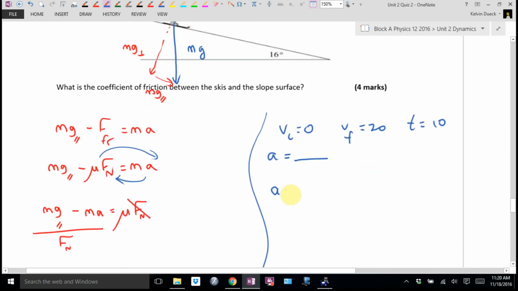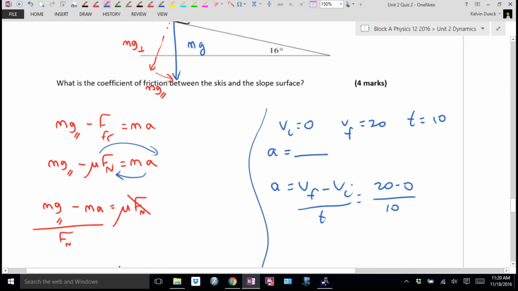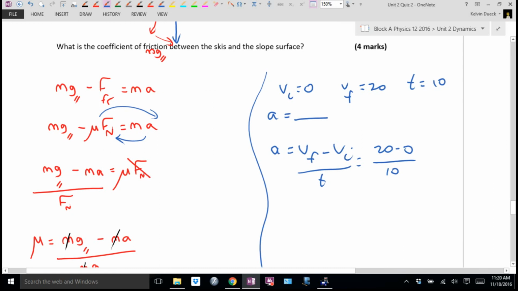I can go A equals VF minus VI over T. It's going to be 20 minus 0 over 10. In fact, I can feel like Mr. Dewick. I can do this in my head. Wow, that's kind of cool. That's what Mr. Dewick feels like when he does math in his head. Kind of nerdy, kind of proud. Little nerdy adrenaline rush. Yeah. 2 meters per second squared.